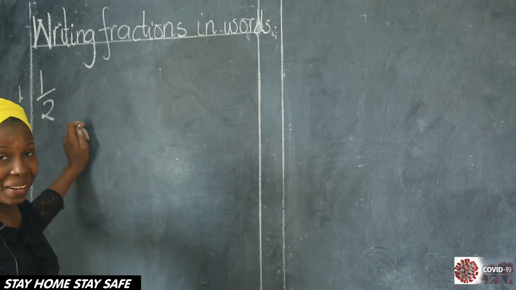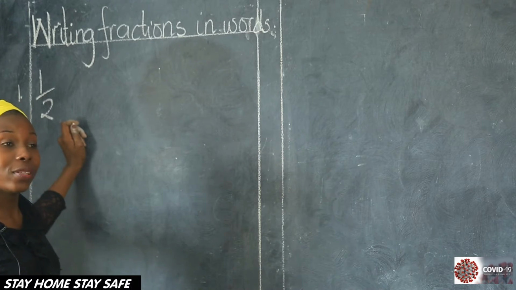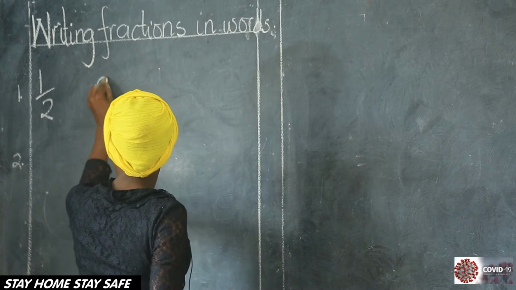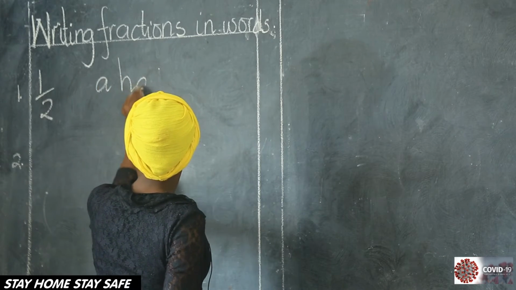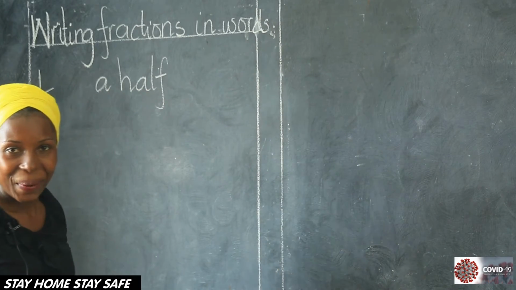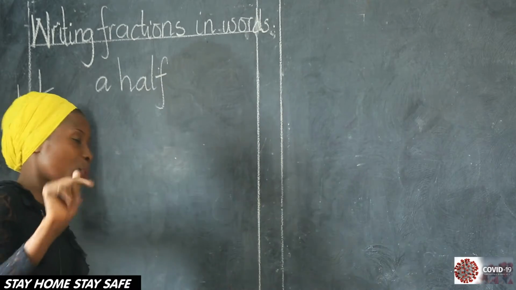But it has a proper name. Yes, I know you know it. What name is it? It's called a half. A half is 1 part out of 2 parts.